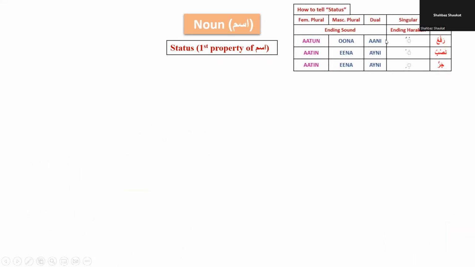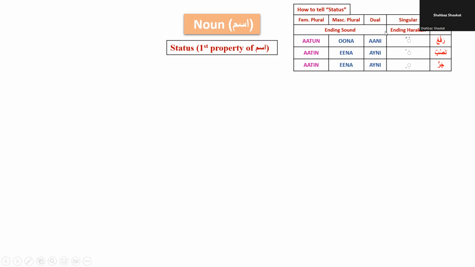So you will see this table here on the upper right corner. This is again the similar table that we had seen before. The only thing is, in this table, the masculine and feminine are together. So for a singular word, masculine or feminine, the rules are the same as I just went over them.